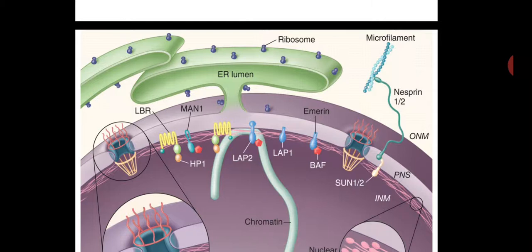That is almost 10 to the power of 6 histone molecules per minute overall, which means every pore has to transport about 100 histone molecules per minute.